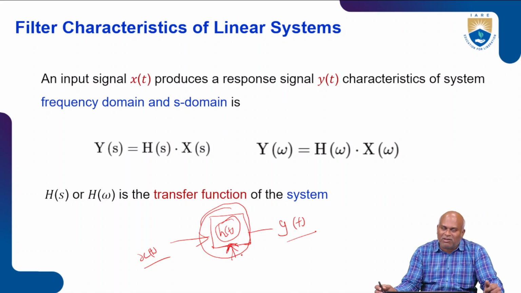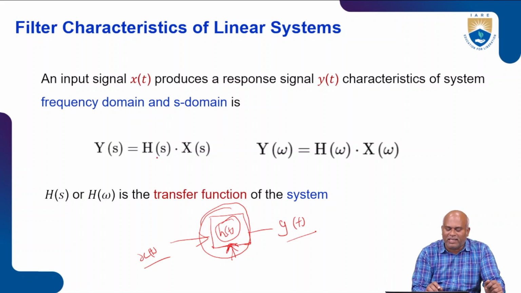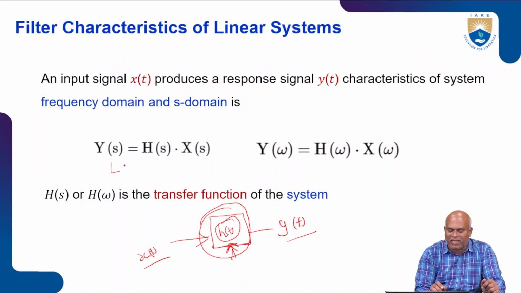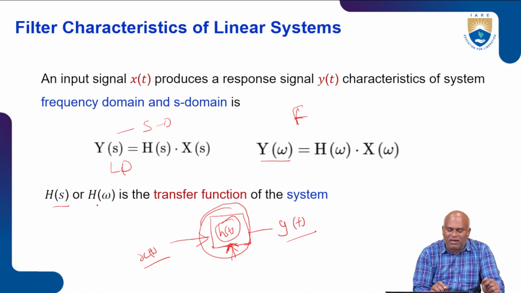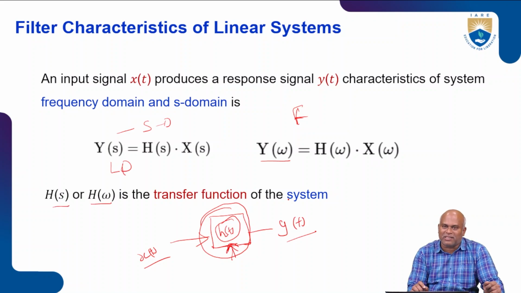The system is characterized in the s domain, or Laplace domain, as Y of s equal to H of s into X of s, and in the frequency or spectrum domain as Y of omega equal to H of omega into X of omega. Now H of s or H of omega is the transfer function of the system.